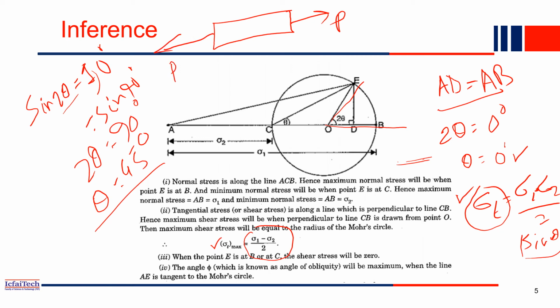If you take a plane exactly parallel to this section, in this plane you will get maximum normal stress, and this one is 0 degree. And if you take a plane at a 45-degree angle with this, in this inclined plane you will get the maximum shear stress.